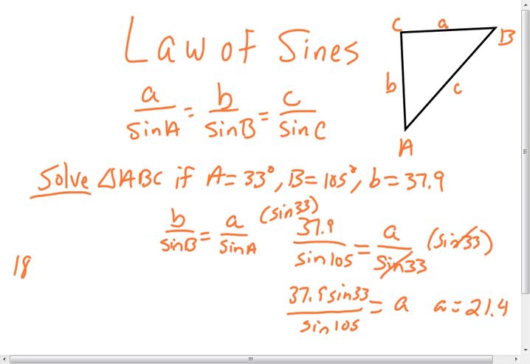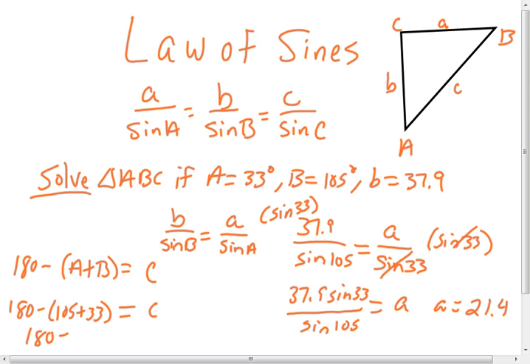So if I take 180 and subtract angle A plus angle B, that should give me angle C. So 180 minus 105 plus 33, and simplifying that would be 180 minus 138. So C is equal to 42 degrees. We're filling in our pieces of the puzzle. We know a is 21.4, and we know C is 42 degrees.